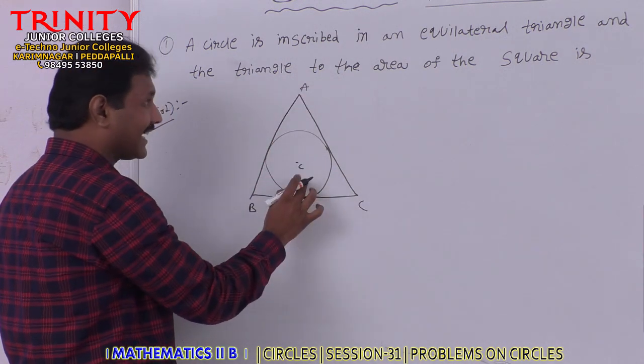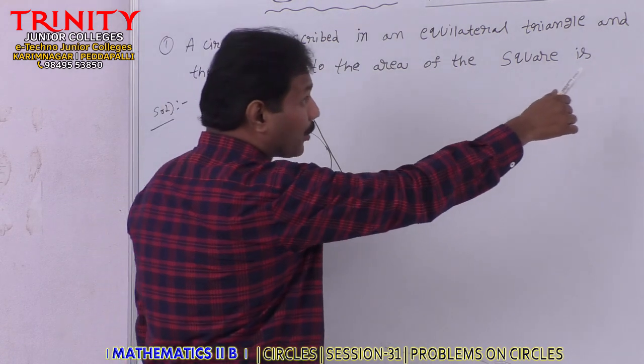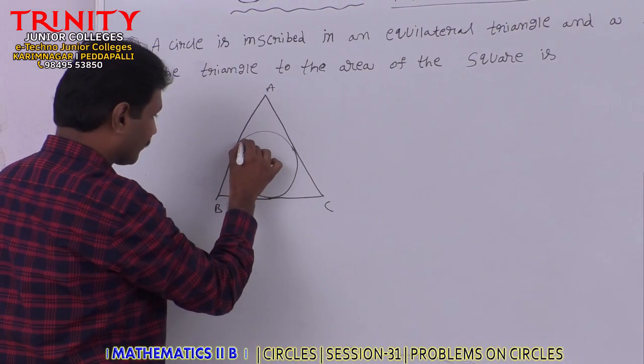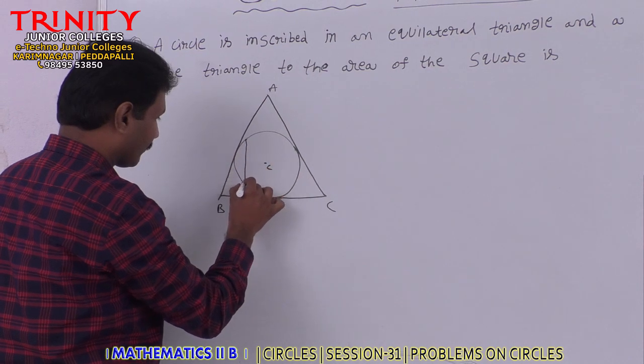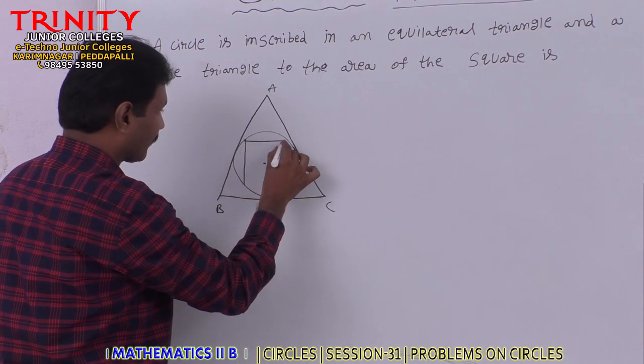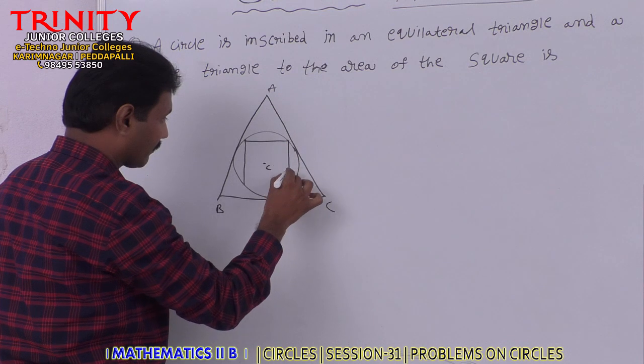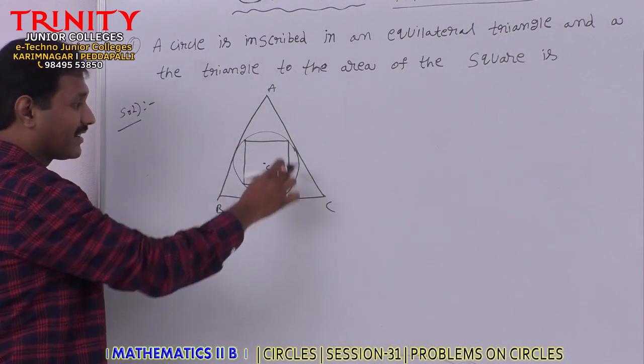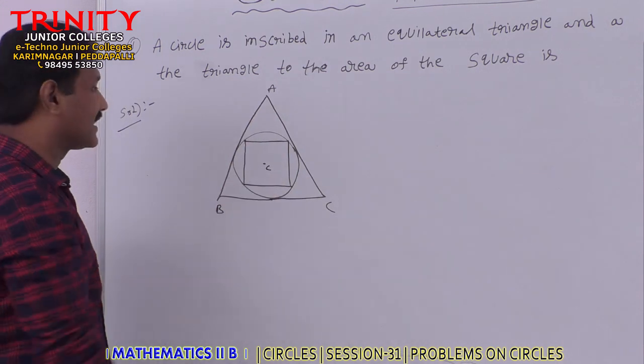This is the circle, and a square is inscribed in the circle. A square is inscribed in the circle.